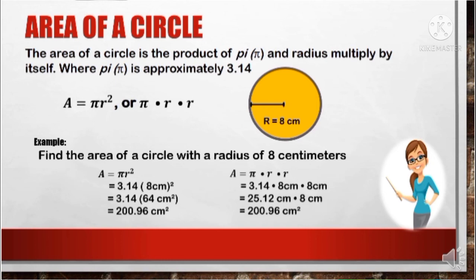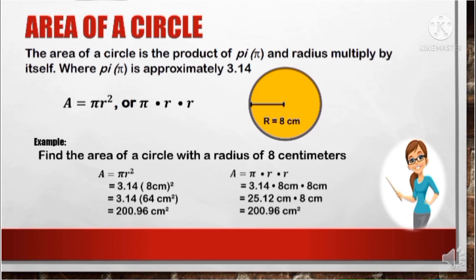A equals pi times r times r. 3.14 times 8 centimeters times 8 centimeters. The product of 3.14 and 8 centimeters is 25.12 centimeters. Then multiply it by 8 centimeters, and you will have 200.96 centimeters squared.